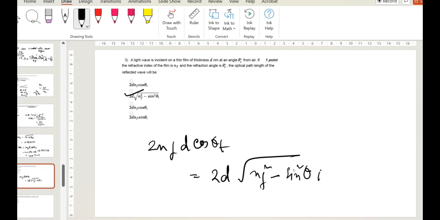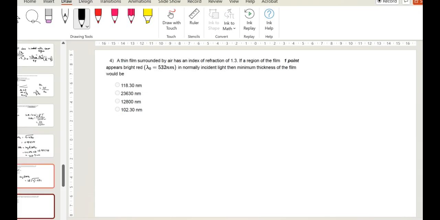So you can write this, and also the same first one, but here they preferred the second answer.